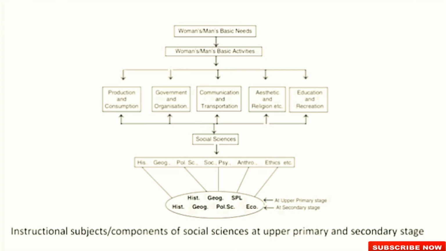All become social sciences such as history, geography, political science, psychology, anthropology, etc. History, geography and political science are taught at the upper primary stage, and history, geography, political science and economics at the secondary stage.